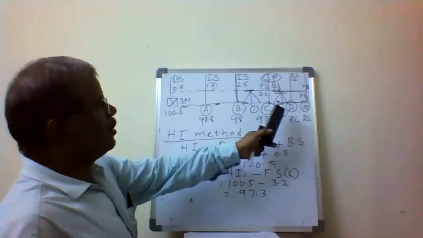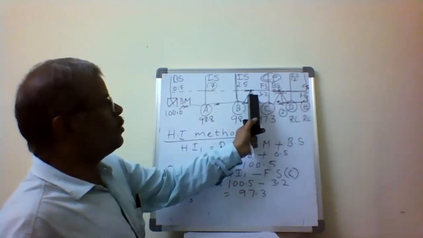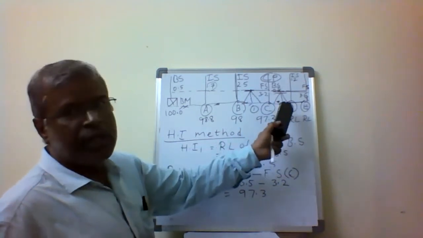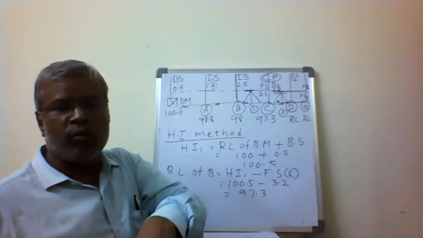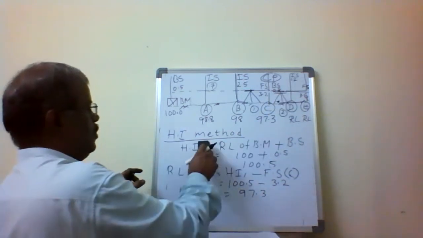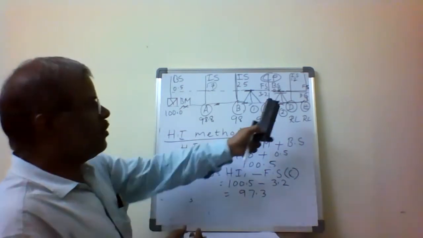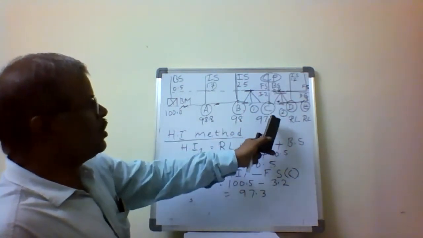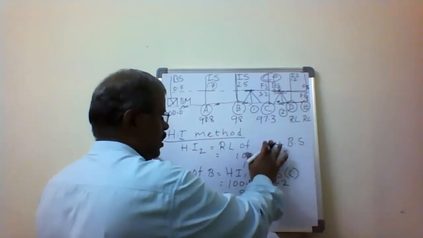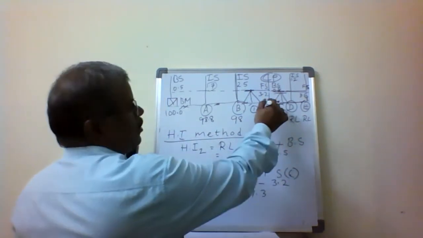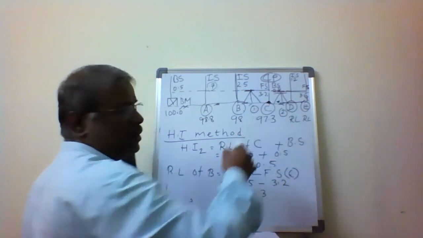Now the instrument is moved to the second position. Once again I have to calculate the height of instrument 2. The height of instrument 2 starts from RL of C, which is known from the previous setup.